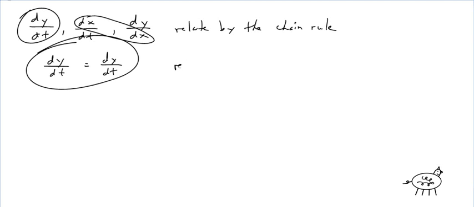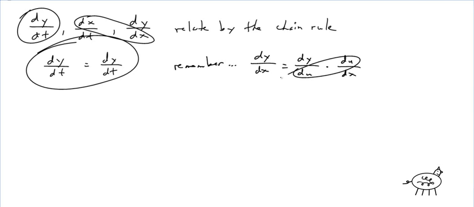If you remember, from back in the day, dy dx is equal to dy du times du dx. There's your link, there's your chain.